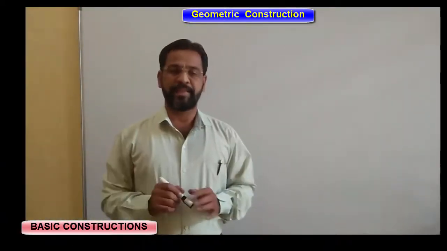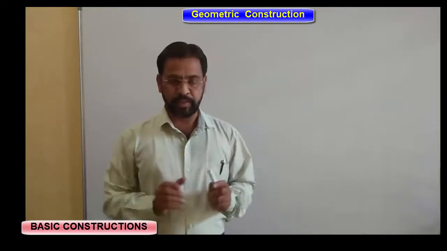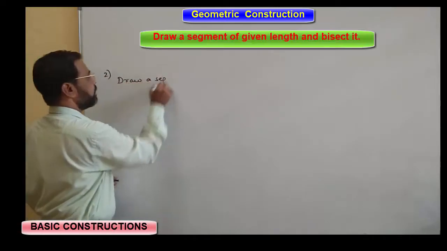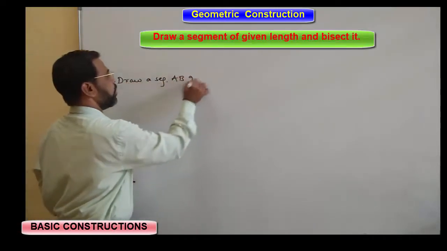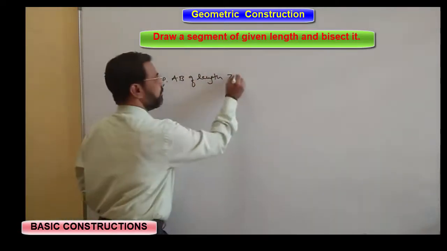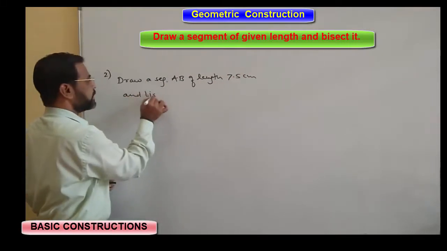Friends, in the second example, we are going to draw one segment of given length and bisect it. See here, the second example: draw a segment AB of length 7.5 centimeter and bisect it.